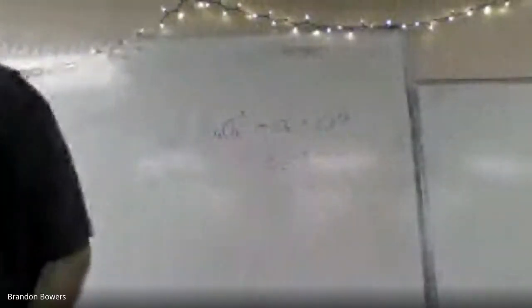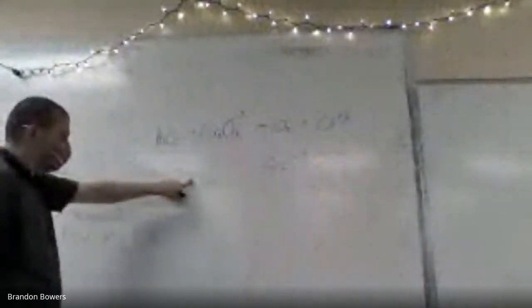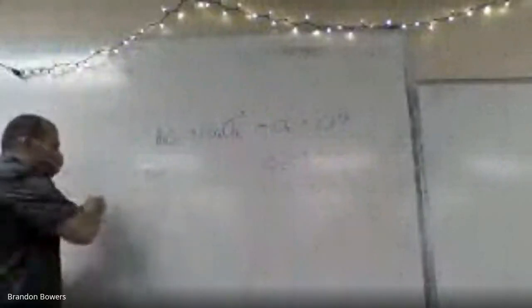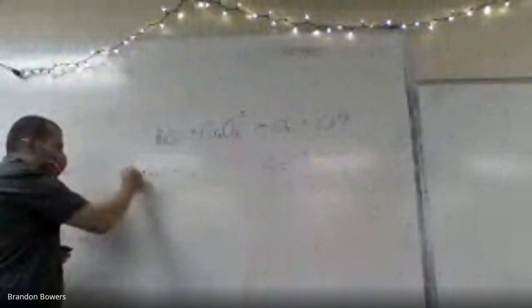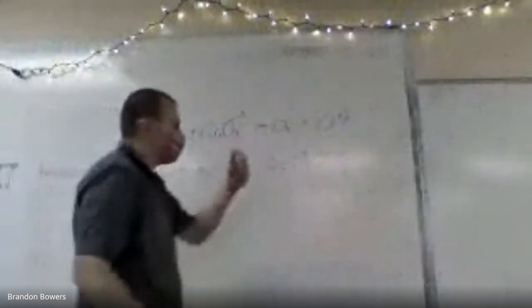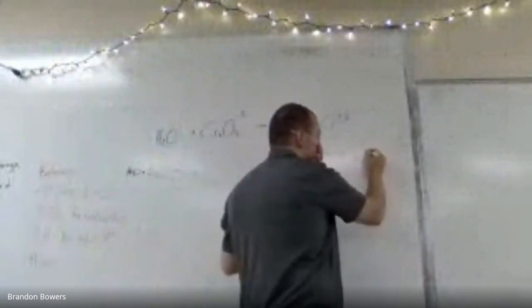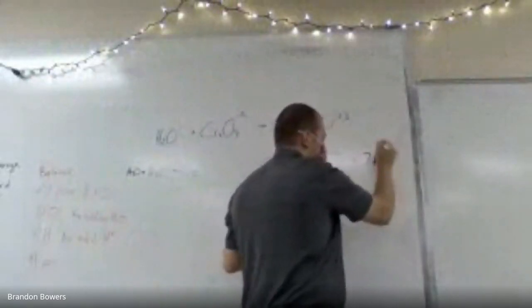Oxygens. I have to balance oxygens by adding water. How many oxygens do I have here? How many do I have here? So I have to add another water, right? Okay. How many oxygens do I have here? Do I have any over here? So I need to add 7 waters.